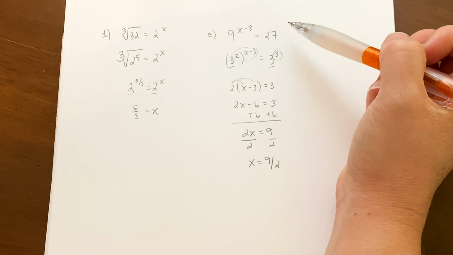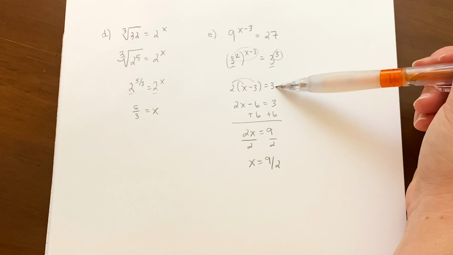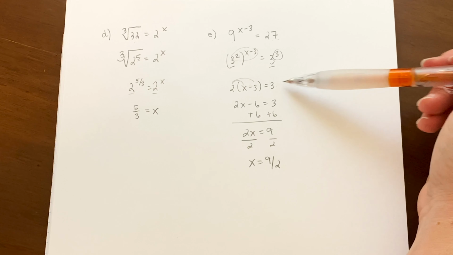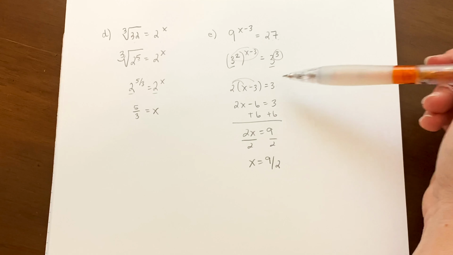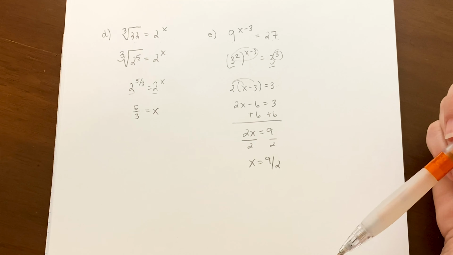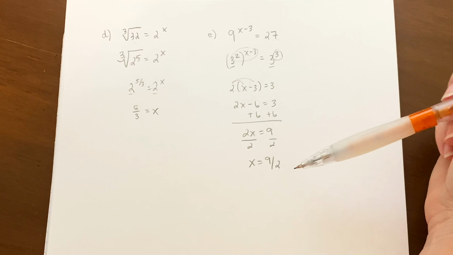Once you have your bases the same, then it's really easy from there. You just have to bring down the exponents. You have a nice, usually linear equation. As we get a little higher, some of these might not be linear, but usually it's a nice linear equation that's quick to solve.